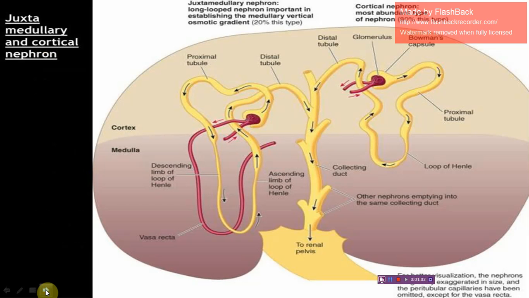Now here we see the whole mechanism. Juxtamedullary nephron, long loop nephron, is important in establishing the medullary vertical osmotic gradient, and cortical nephron is the most abundant type of nephron.